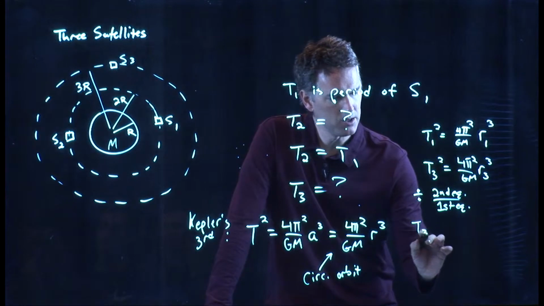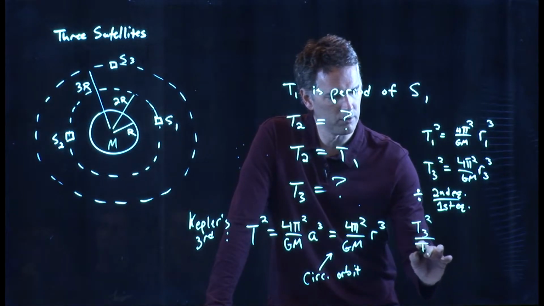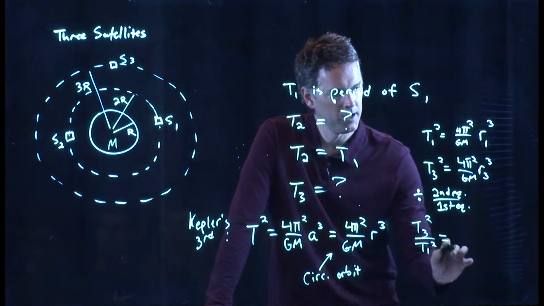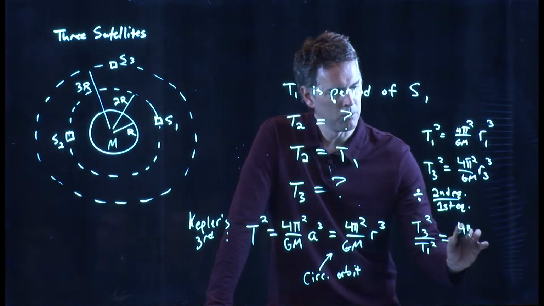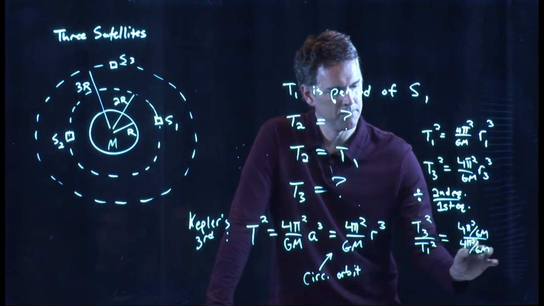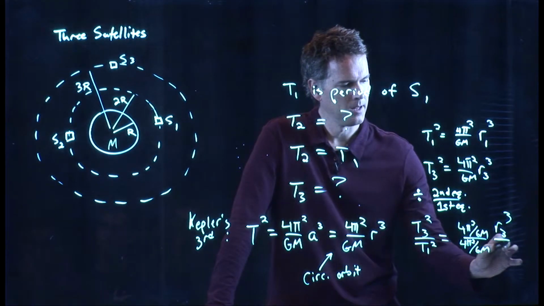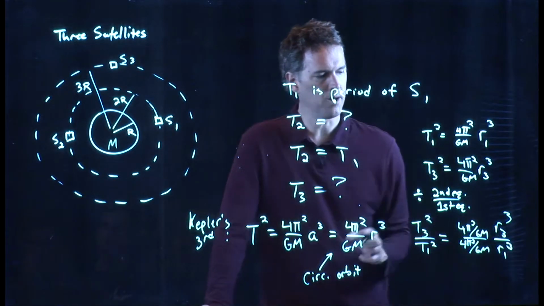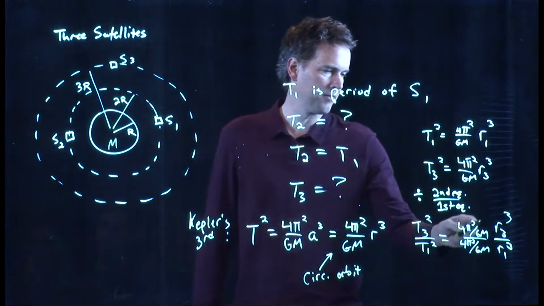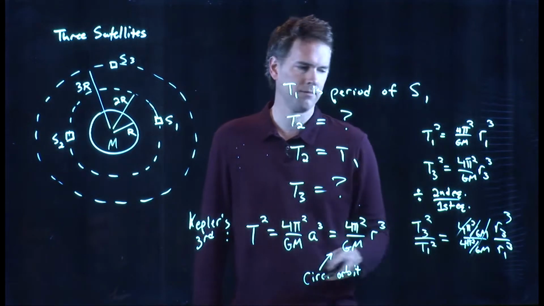So I get T3 squared over T1 squared equals 4 pi squared over GM divided by 4 pi squared over GM. I have an r3 cubed on top. I have an r1 cubed on the bottom. All that stuff in the front cancels out.